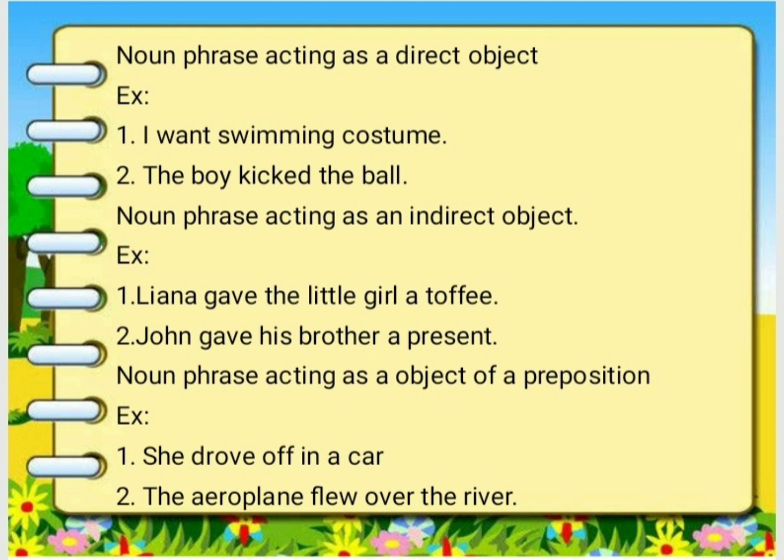So now let's proceed to the noun phrase acting as an indirect object. Number 1 example, Liana gave the little girl a puppy. Number 2, John gave his brother a present. In the number 1 example, our noun phrases here are the little girl and a puppy.